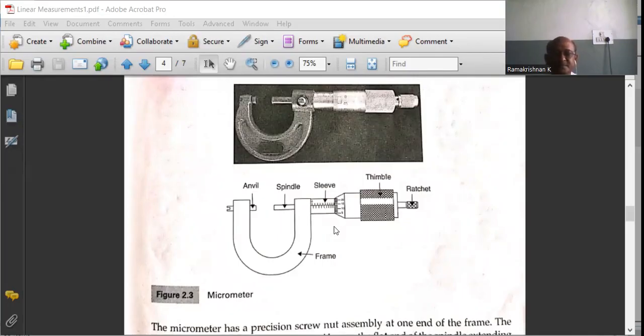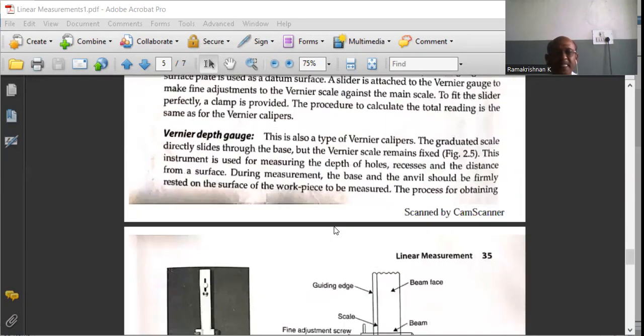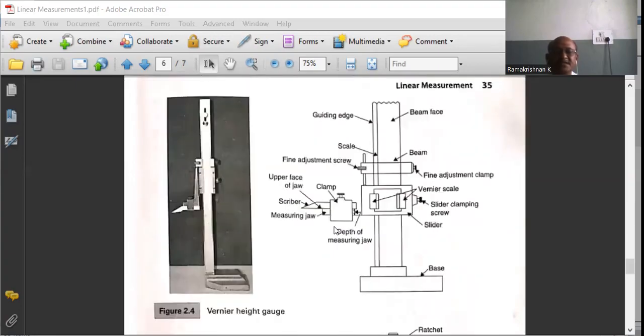Similarly, the Vernier height gauge also consists of a main scale and a Vernier scale similar to that. It consists of a base and a central beam which carries the Vernier scale arrangement, which consists of a clamp. The end of the clamp is adjusted to a scriber, and the scriber touches the surface to be measured.